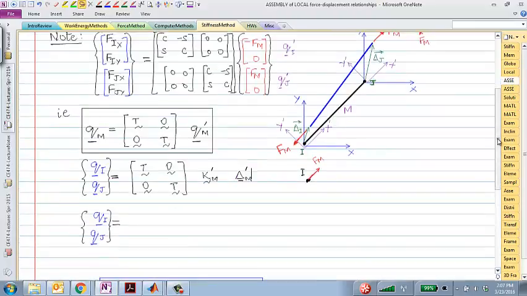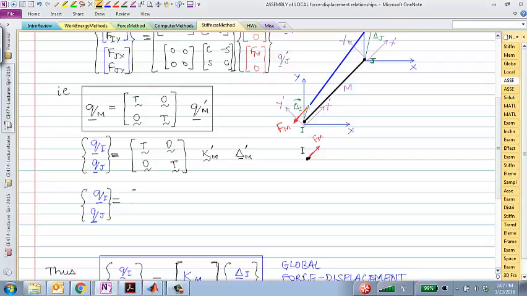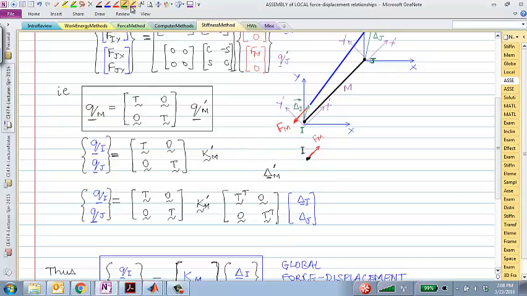So I will write that as T 0 0 and T, times km prime and T transpose 0 0 T transpose, times delta I and delta J. And maybe just to make it even more clear, I'll replace this delta m prime with the actual local displacements, which are delta I prime, delta J prime.